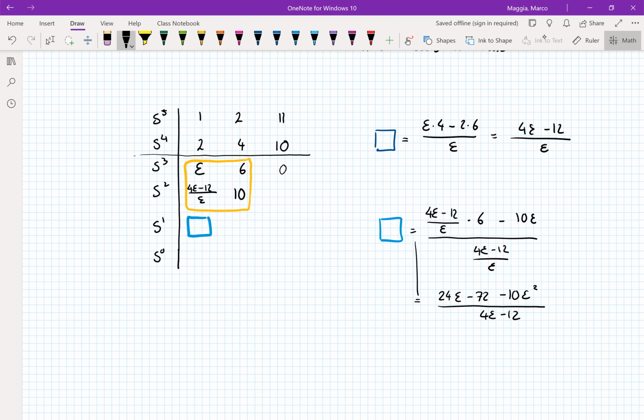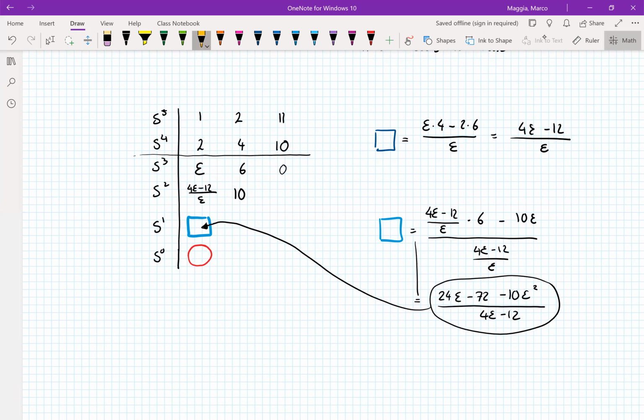And so for now, I'll just refer it to this box with an arrow. And finally, we need the last entry of the Routh array. So now the terms that we need to consider are these 4 here.